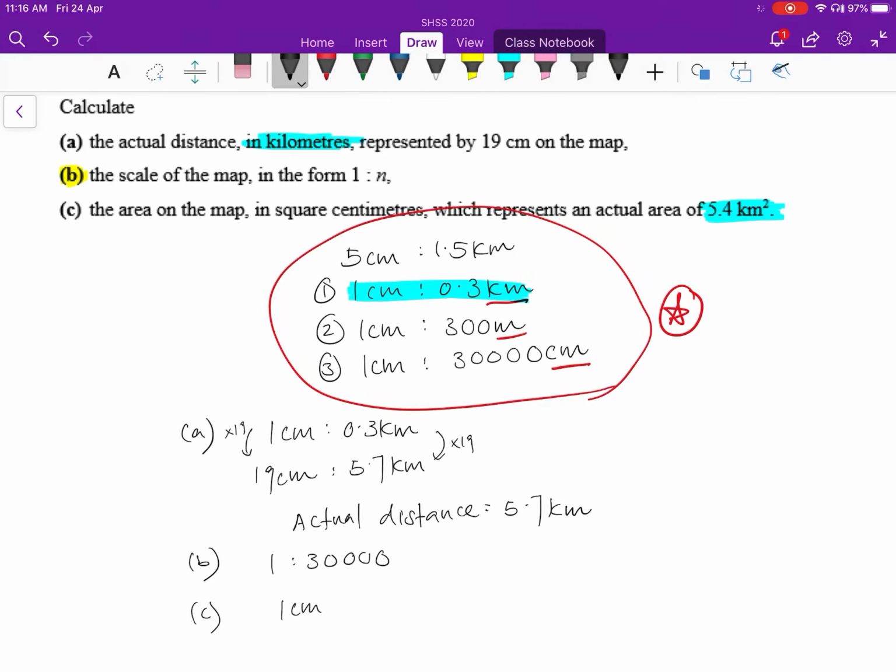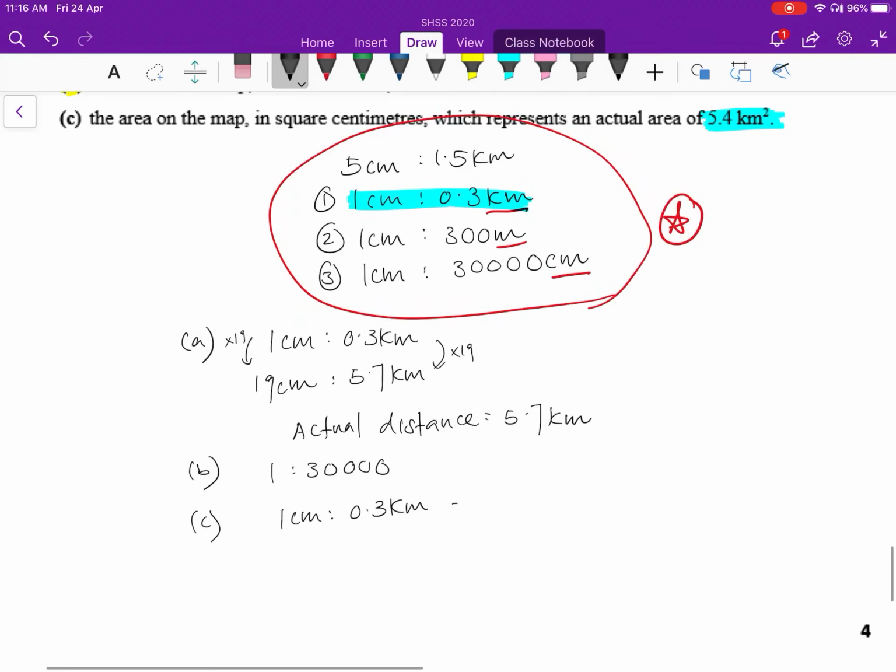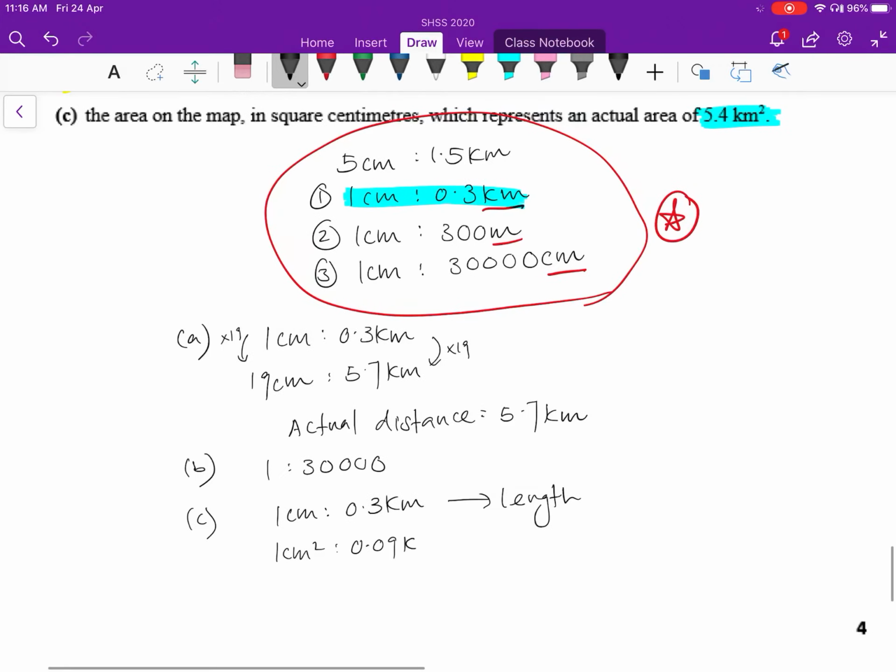So it's 1 cm is to 0.3 km. This is the length scale. How do I find the area? I square both sides. 1 cm square is to 0.3 times 0.3, 0.09 km square. That is the area scale.